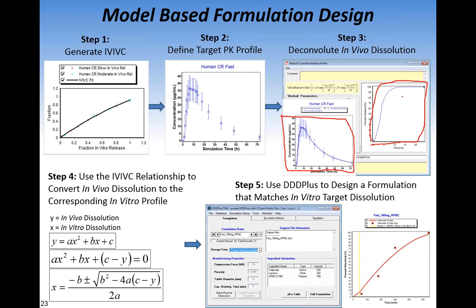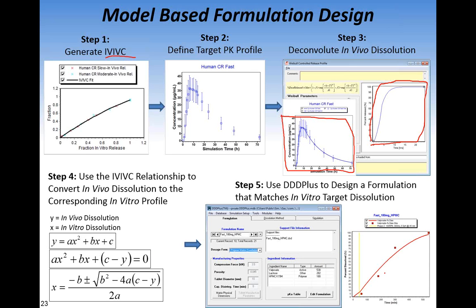Once you have this in vivo dissolution rate, you can use the IVIVC that's been developed, and use that formula to then calculate the in vitro dissolution that this in vivo dissolution corresponds to. So using the IVIVC, we can rearrange the equation using the quadratic formula, then predict the in vitro dissolution that corresponds with that in vivo dissolution that we deconvoluted.